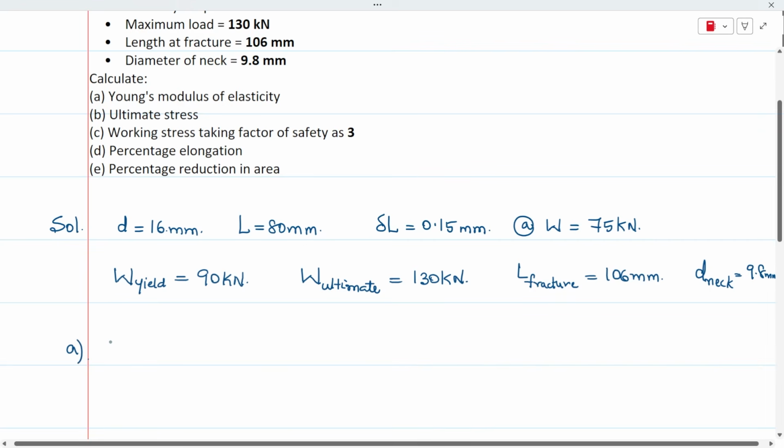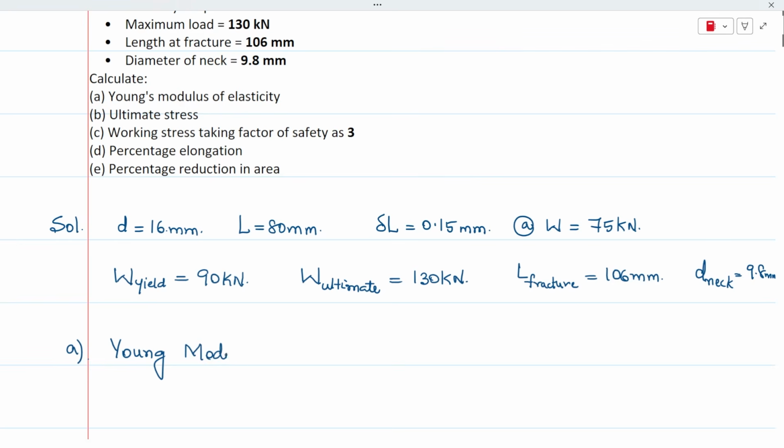So bit A is for Young's modulus. First, area of cross section, that is pi by 4 times of 16 square, which is equal to 64 pi mm square.